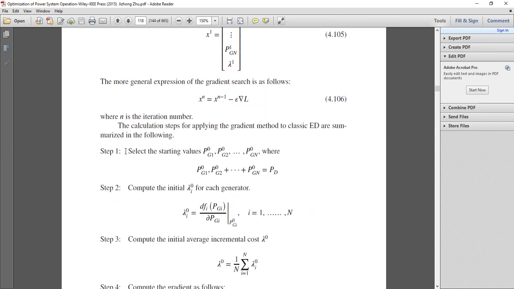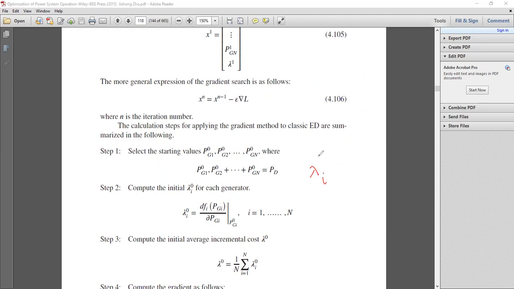So first of all, step 1: select the starting values of all the generating units in such a manner that their summation satisfies the demand alone. There is no loss. Then step number 2, we have to compute the lambda I for initialization. So the superscript 0 here is for the initialization.